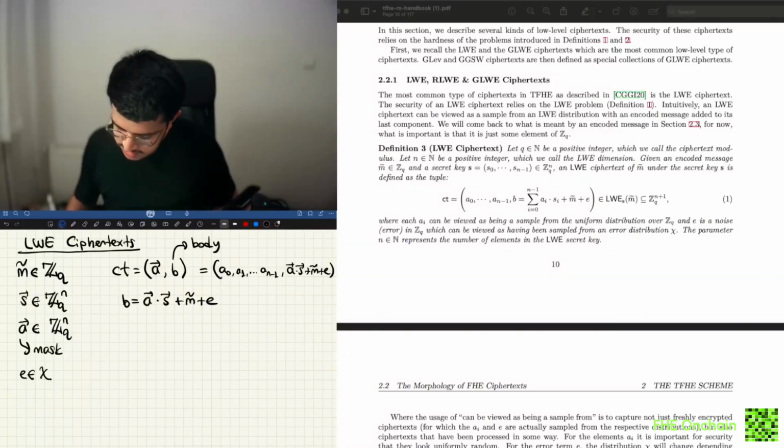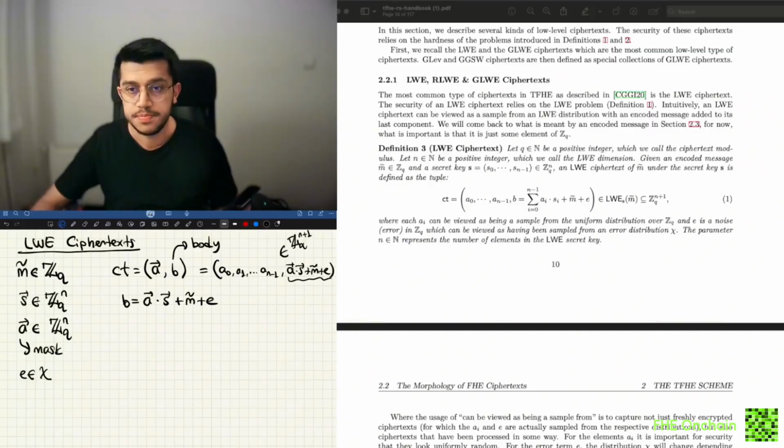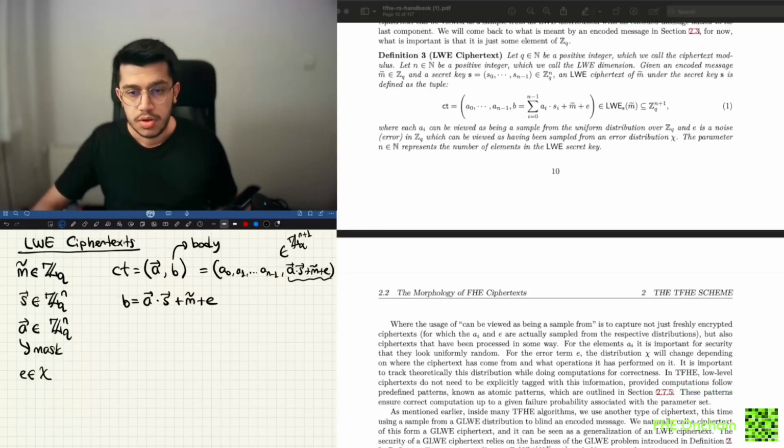Of course, this is an element of ZQ, but this time n plus 1, because we have an extra entry here.